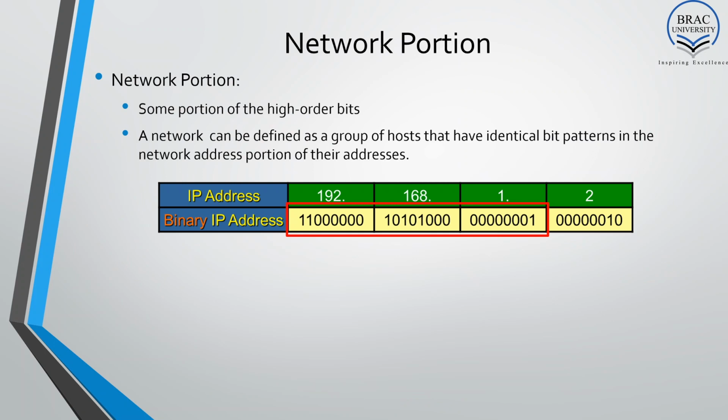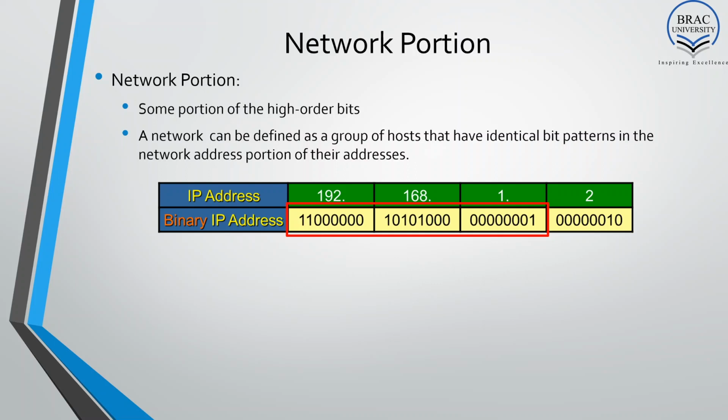Okay, so here we have already said that the network bits are always on the left side, on the MSB side. From the start to some portion, it will never start from the right side. It always goes from the MSB towards the LSB, and it goes till we tell it to go. Again, we're going to learn how to do that soon.